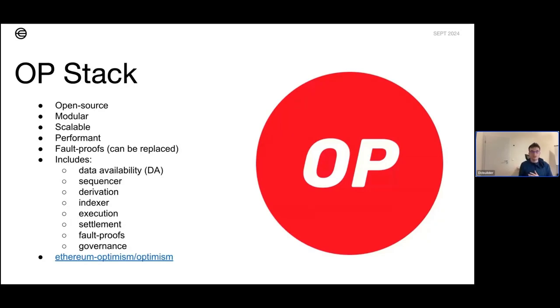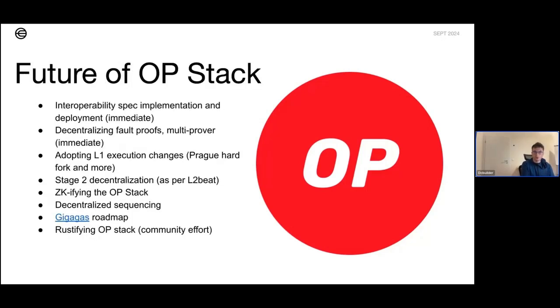It has a lot of great technical architecture. It's extremely well implemented, very well audited, thorough, with a lot of smart people working on it from the community outside of Optimism, a lot of third-party contributors, including ourselves and many other people like Coinbase with Base and a few other teams.